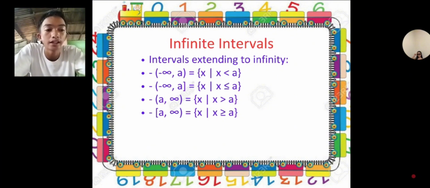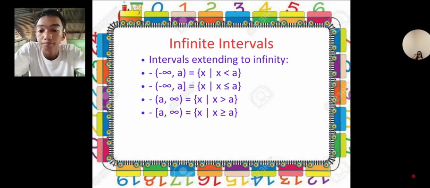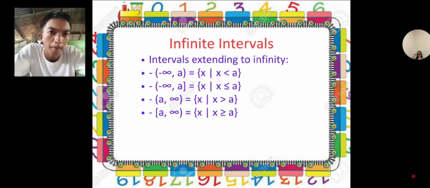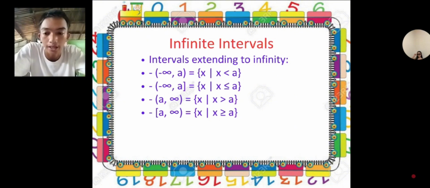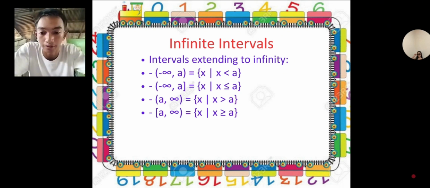Note that negative infinity is always an open endpoint. Then negative infinity to a, open on the infinity side and closed at a, represents all real numbers less than or equal to a. You can also see this on the PPT.